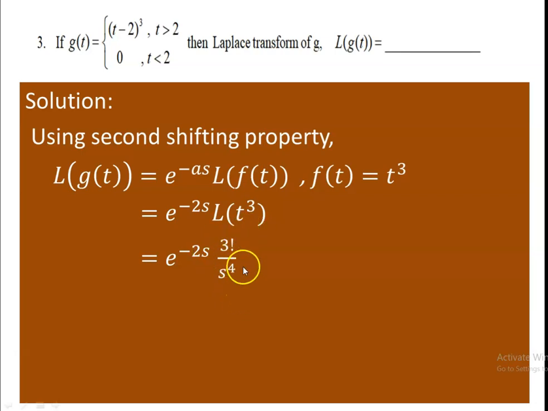We know that 3 factorial is 6, so this Laplace transform is going to be 6 over s to the power of 4 times e to the power of minus 2s. So dear students, as you understand from this, you need to recall the Laplace definition as well as the properties of Laplace in order to solve different kinds of Laplace questions, right?